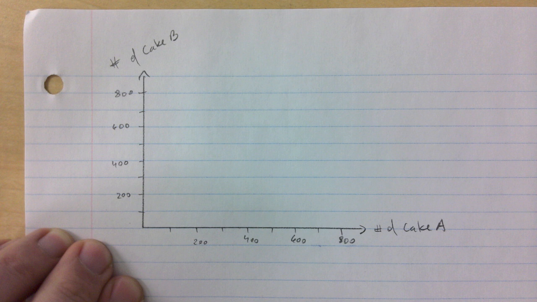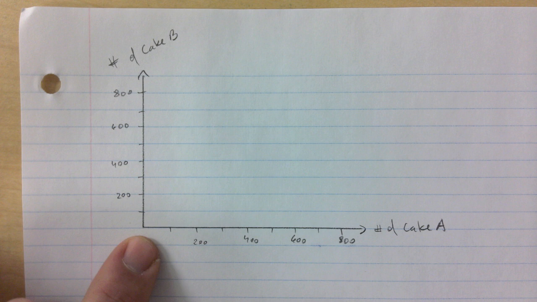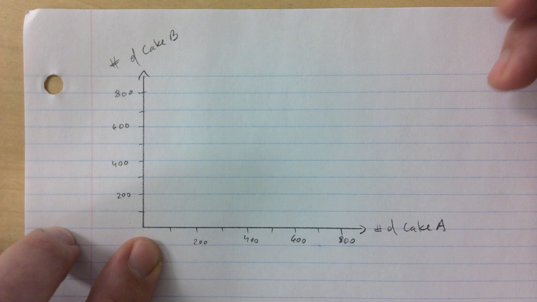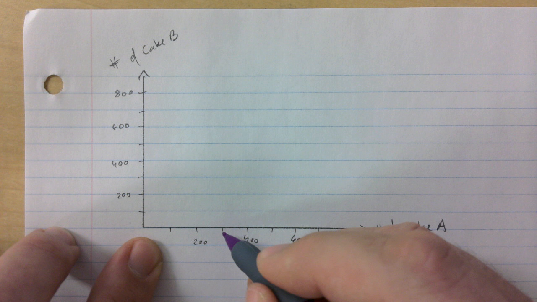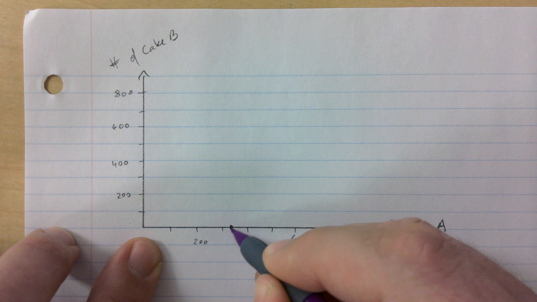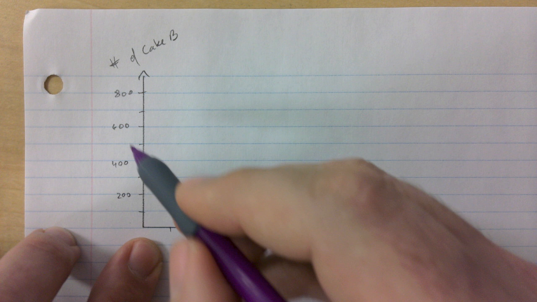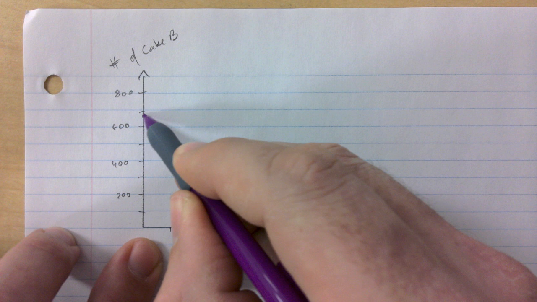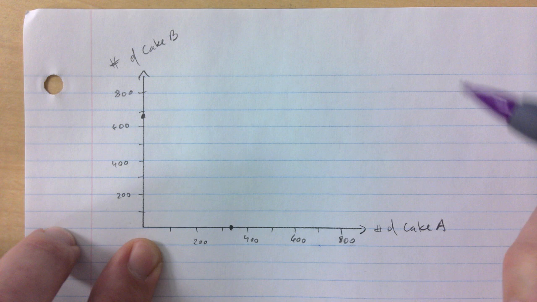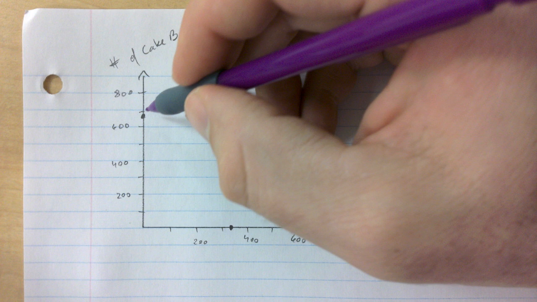And then let's plot it. So we've got 333, that's right about there. 666 is right about there. So that's our first line. There you go.